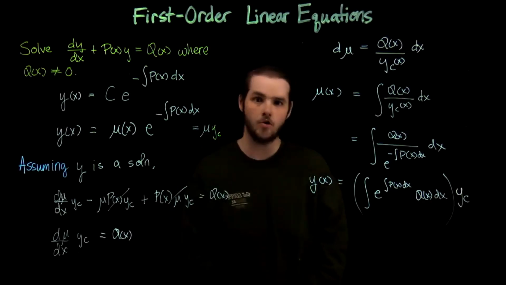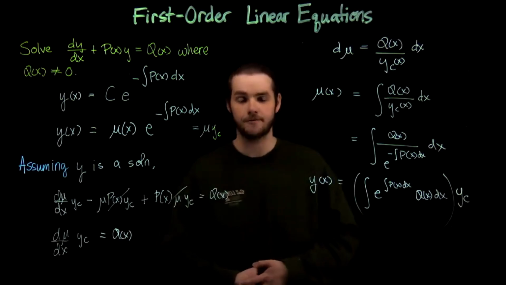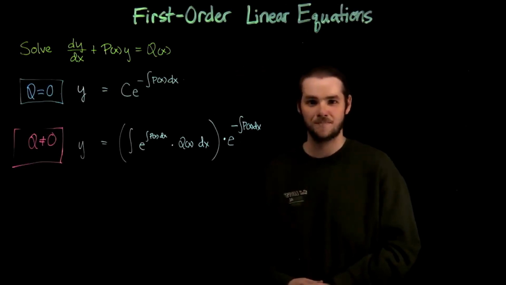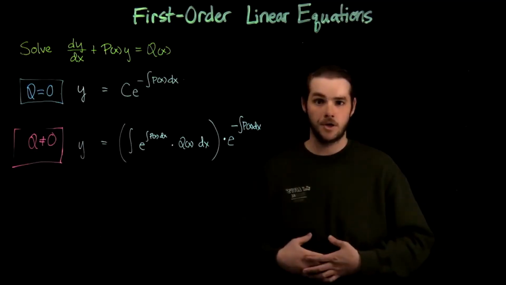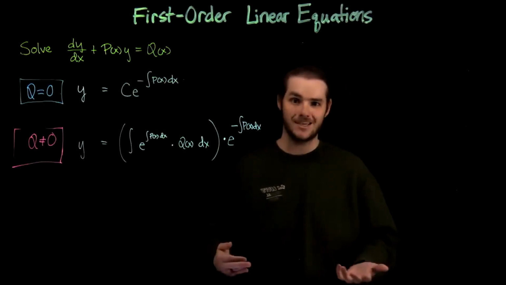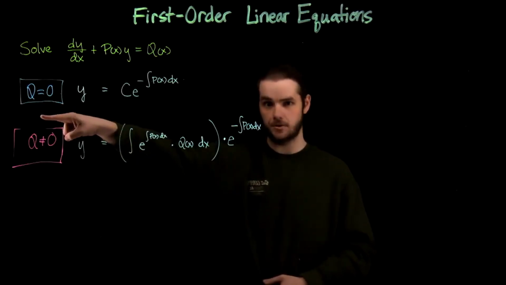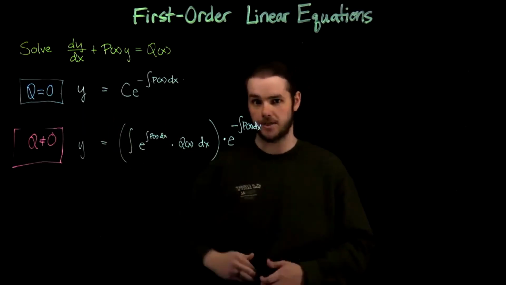So let me get this clutter out of the way for a minute so that we can decompress and exhale and review what it is we just did. There, much cleaner. So let's recap really quick. We were trying to find a general solution to this equation, a one-size-fits-all. And we looked at two different cases. We looked at when q equals 0, and we got this nice compact solution.